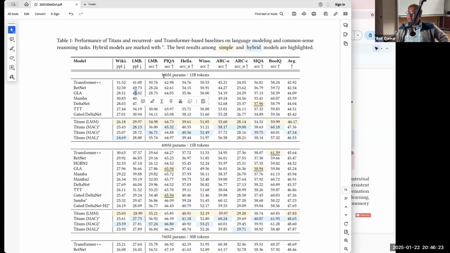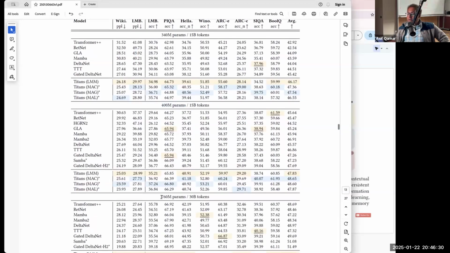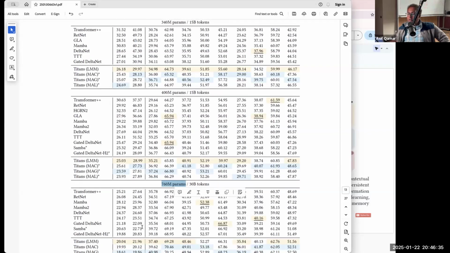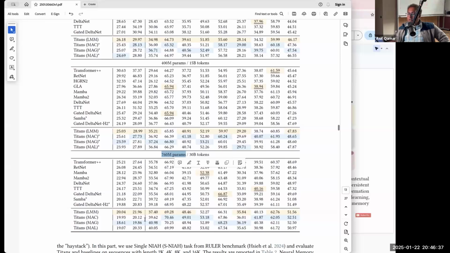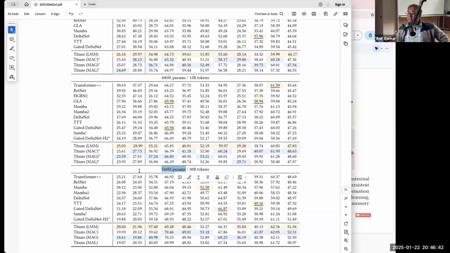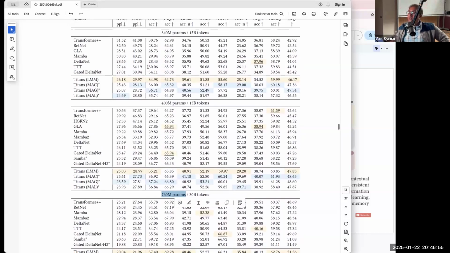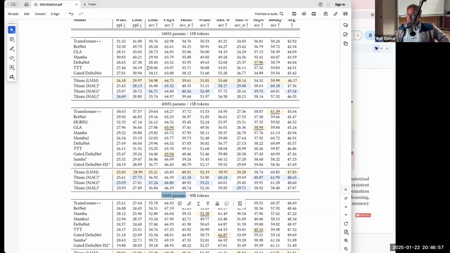So that's a claim. Again, they have stats on smaller parameter models, 340 million, then 400 million, and then 760 million models. They are consistently showing that the PPL perplexity improves, though as the model size increases, for example in the 760 million parameter model, I think the difference is less compared to the 340 million parameter model.